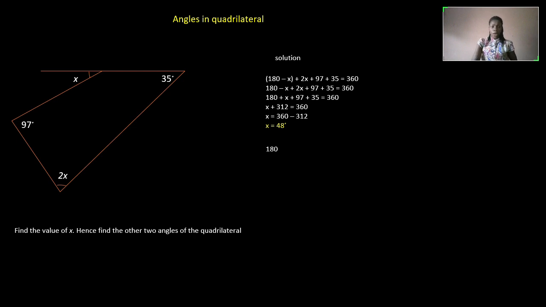So we are going to have 180 minus 48, giving us 132. So the value of the angle here is equal to 132. So finding this angle here, we are going to say 2x, which is equal to 2 times 48, giving us 96.